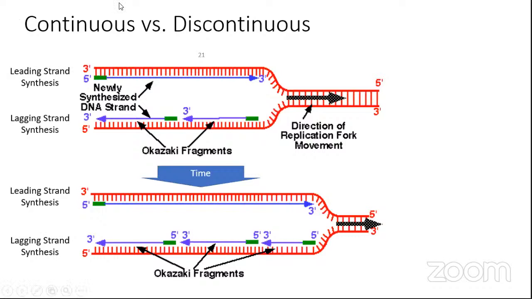For example, you can see here. So this is the leading strand. If the replication fork starts here, it moves in this 5' to 3' direction, and this is the direction of the replication fork.